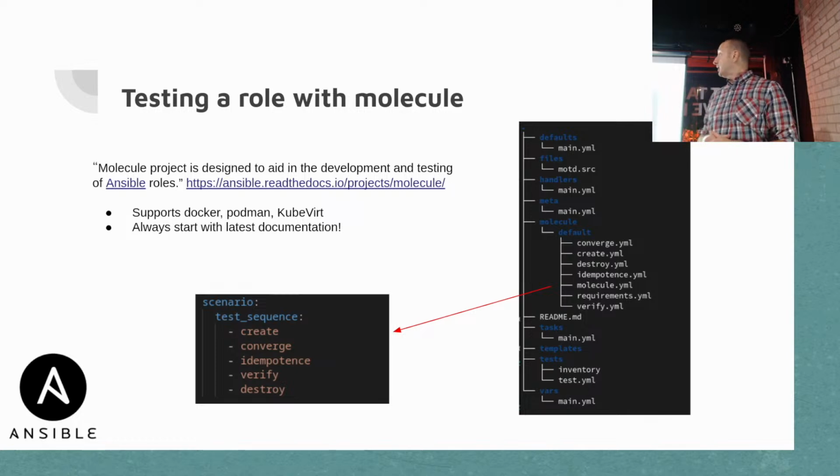But I've put here an exclamation point: always start with the latest documentation. If you go online, there are very good tutorials on how to test Ansible roles with Molecule. But, and I'm going to mention this again, Ansible's release cycle is a new minor version every 6 months, and Molecule is also improving and changing very fast.